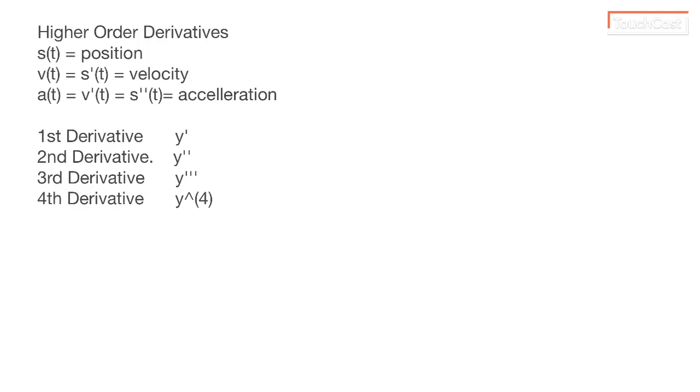We can do that for any higher derivative than that, so we can generalize an nth derivative as y to a little power of n in parentheses. Now, they won't look like that.